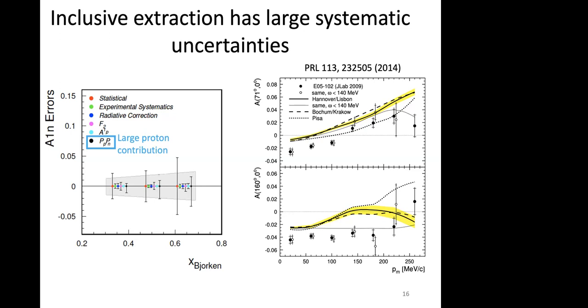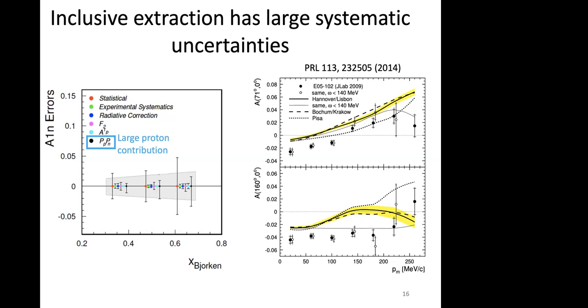That is why even with a very small contribution of the remaining effective polarization of the proton, it still can contribute a very large uncertainty in the extraction of the A1N. So in order to nail down and minimize the uncertainty from this, we need a better understanding and or a better calculation of the effective polarization of the proton and neutron.